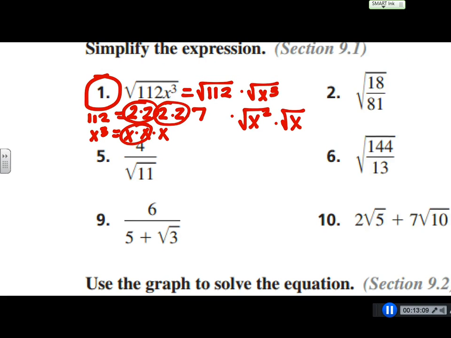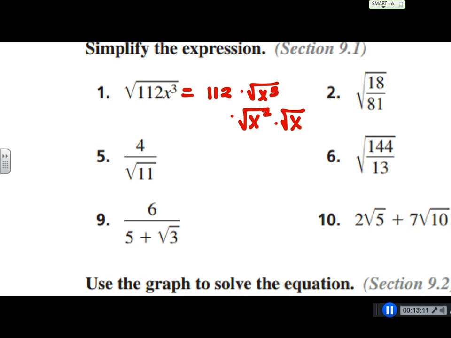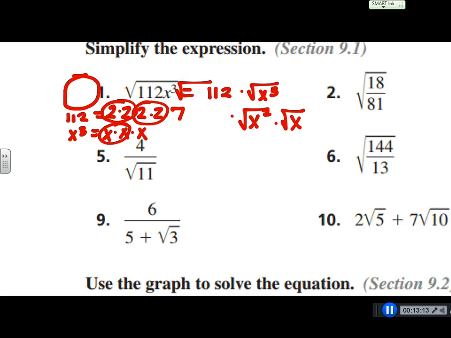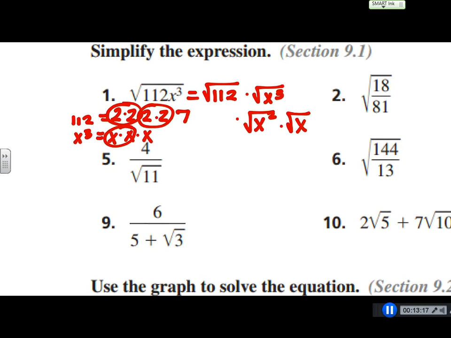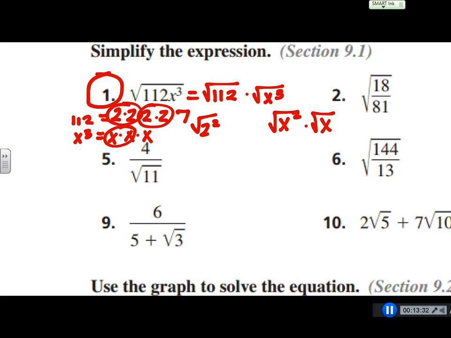Okay, now we need to break down that 112. We can go ahead and say, let's see, 2 squared is 4, right? So the square root of 2 squared, cutting down my 112. I have a pair of 2's.